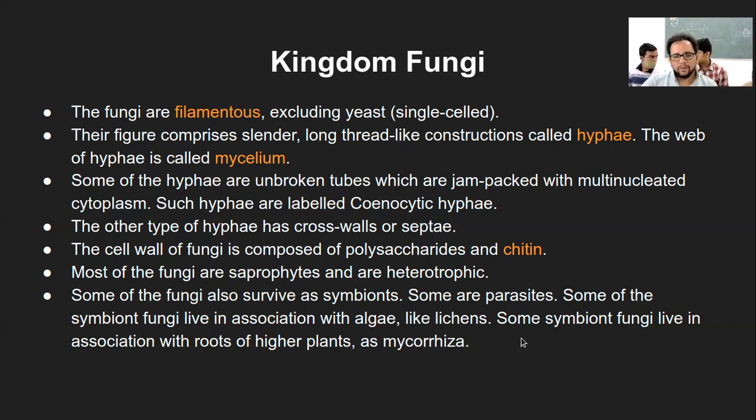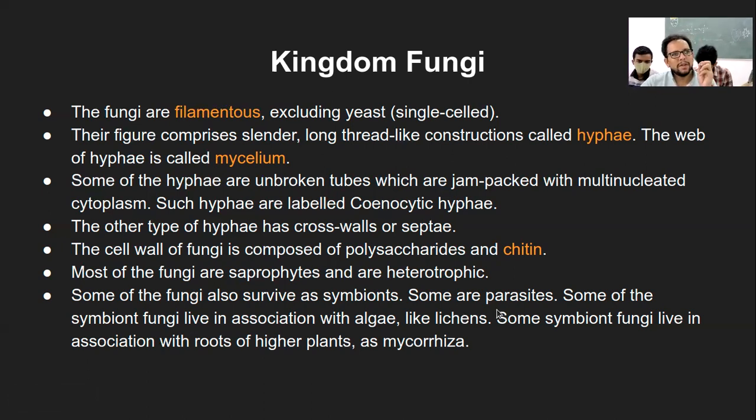So some fungi are symbionts, so they follow the symbiosis type of nutrition. Some are parasitic. Some are in association with algae, for example, lichen. So in your masala, there is something called dagad, right?